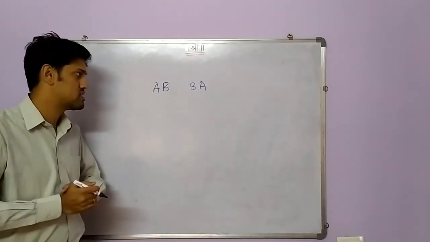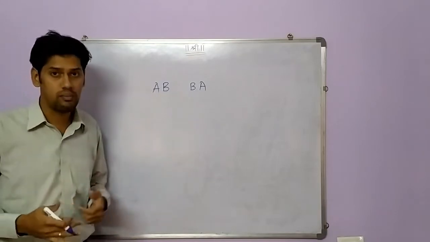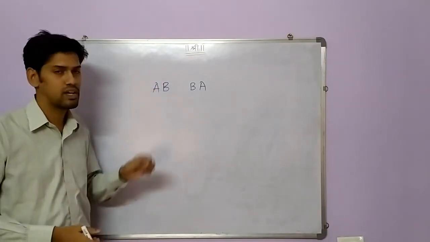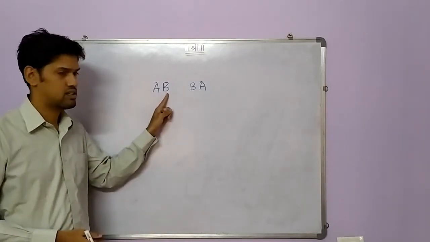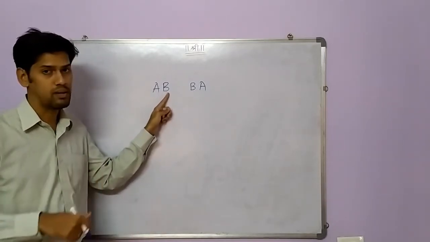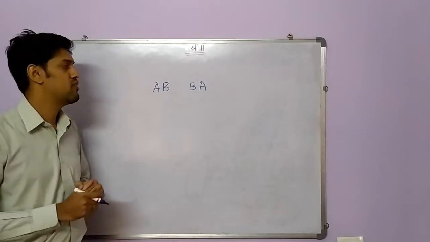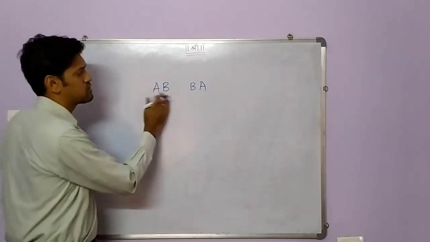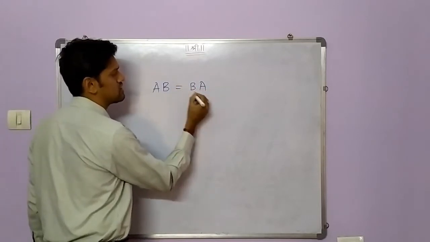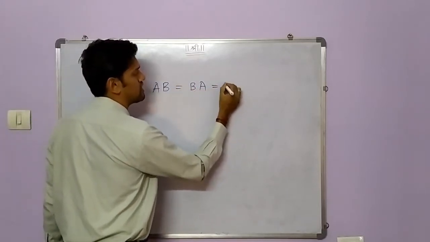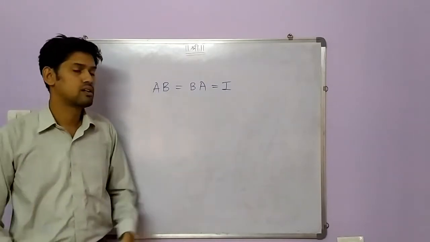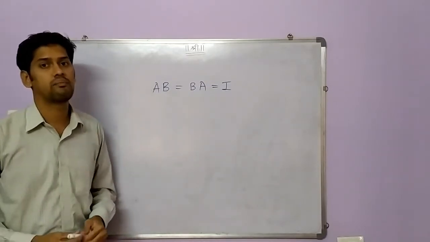Since AB and BA may not be equal, we have the concept of post multiplication, that is after the particular matrix, or pre-multiplication, that is before. If we observe that multiplying matrix B to A, by post multiplication or pre-multiplication, both become equal, and the final answer that I get is matrix I, that is the identity matrix.